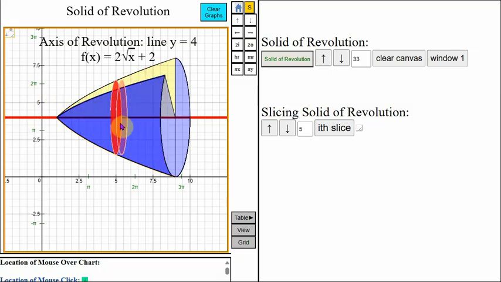And this is one of the slices, so let's call this the ith slice. Let's go find the volume of this ith slice.